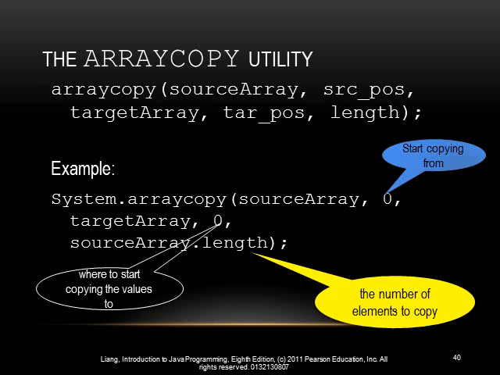And pay particular attention to the different parameters. arraycopy from the source array starting at a particular element number, in our case 0, the target array and where it should start copying, and how many elements it should copy. So it's pretty flexible. Our little for loop didn't quite give us that flexibility without some real programming gyrations.